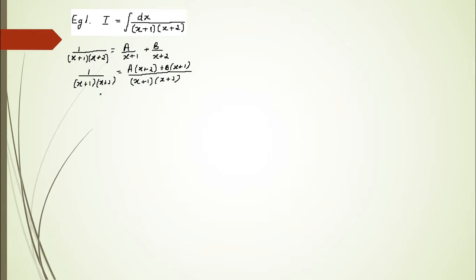Now since the denominators are common on both sides, we can equate the numerators. Therefore I have 1 is equal to a into x plus 2 plus b into x plus 1.